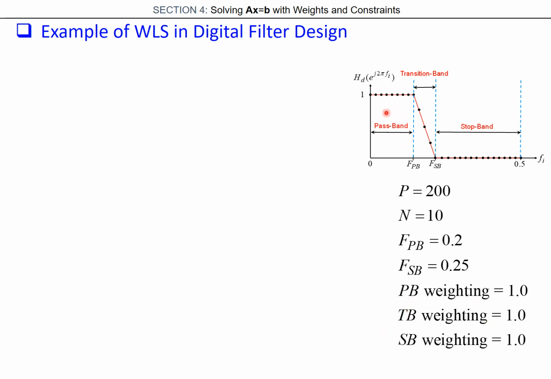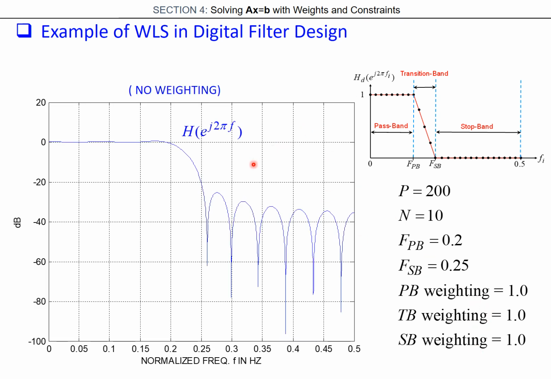So if we solve that, with no weighting at all basically, we end up getting this result. And this is not really very good because you can see the amount of attenuation that you're getting in the stop band is below minus 30 dBs. So that's pretty bad. Let's see if we can improve it by changing the weightings.